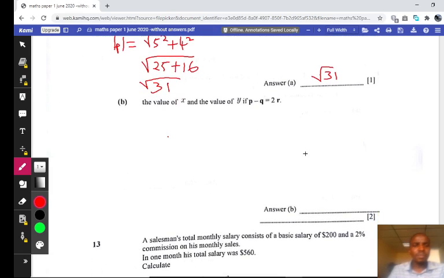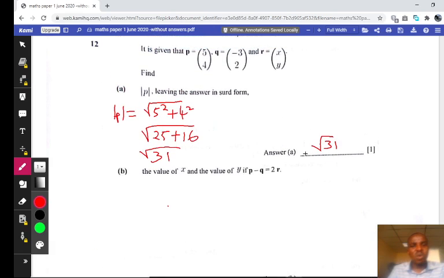Part B. Find the value of X and the value of Y if P minus Q is equals to 2R. What you do here is just substitute. You take vector P and put it where there is P, vector Q where there is Q, and vector R where there is R. Then after that, you equate corresponding values.